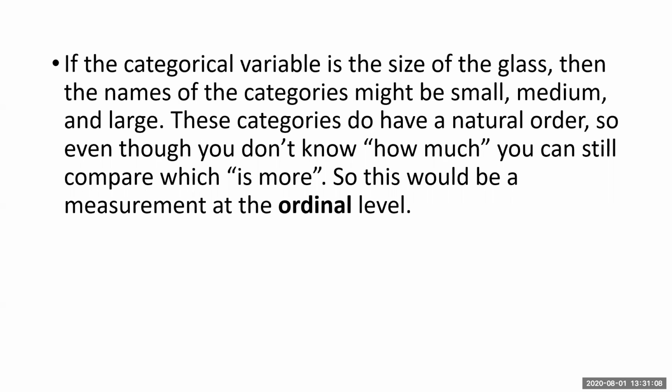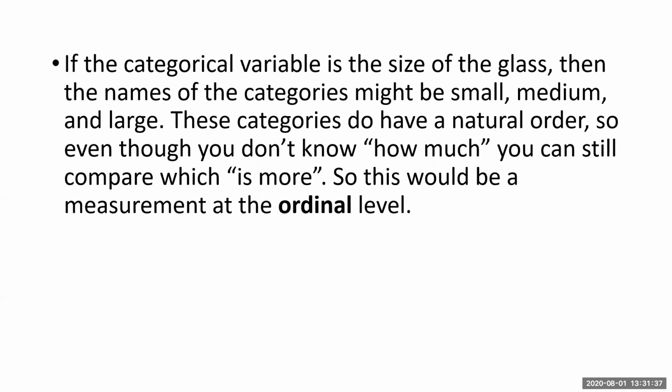Sometimes if you're ever in the hospital or you go to a doctor's office, they might ask you to rate your level of pain on a scale from 1 to 10. See, that's a categorical variable because even though the names of the categories are numbers, it's not really an amount of anything. It's kind of a fake numerical variable.